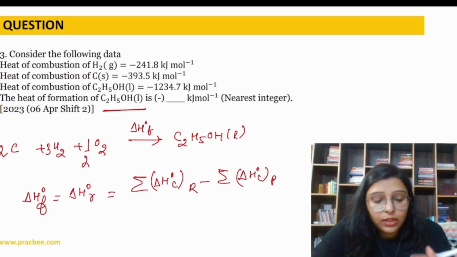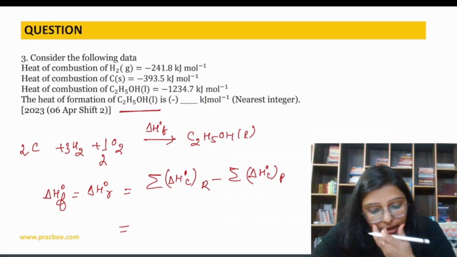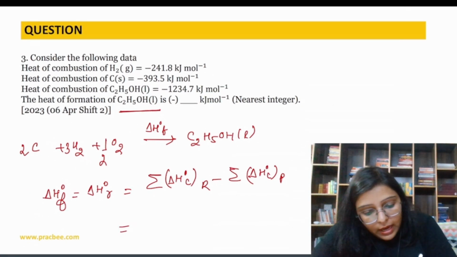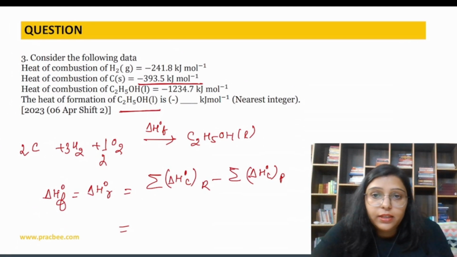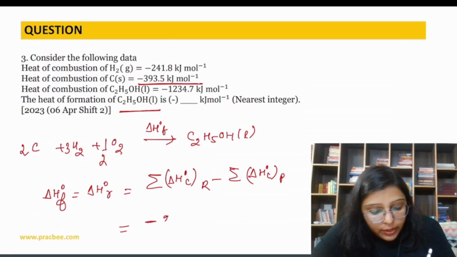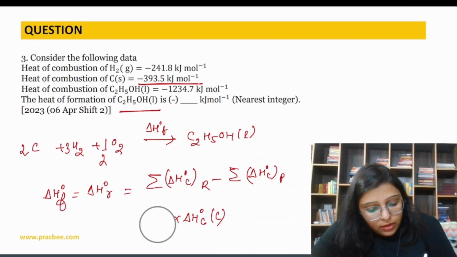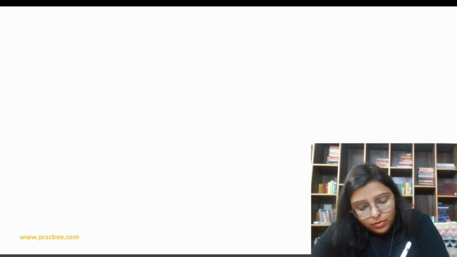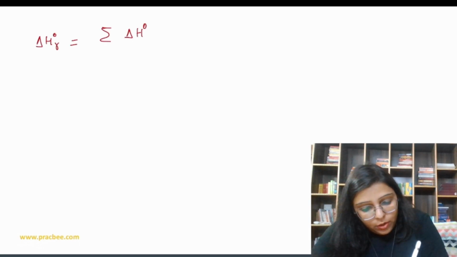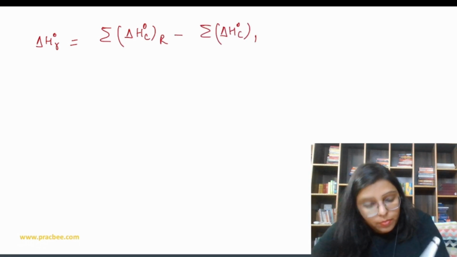So if I use this, then for the reactant carbon, the enthalpy is 393.5, so we can say minus 2 into delta H naught combustion of carbon. Let me rewrite this. So we can say delta H naught reaction is equal to summation of enthalpy of combustion of reactants minus summation of enthalpy of combustion for products.